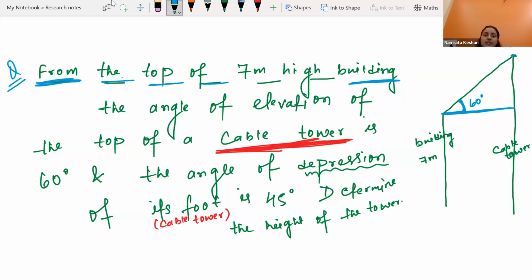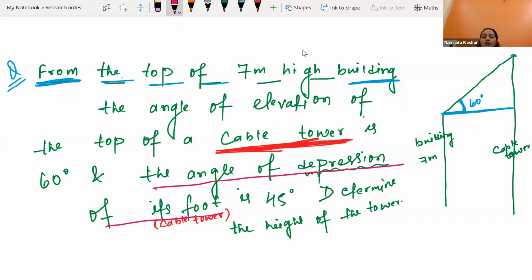Now the next statement says that the angle of depression of its foot. That means which one's foot? Cable tower. Cable tower foot.